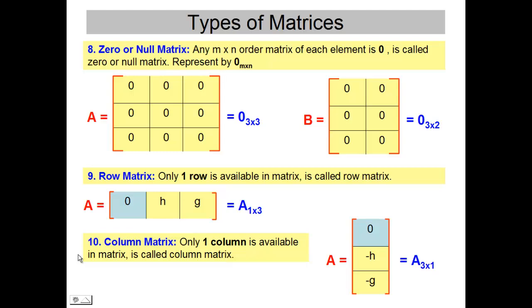Now the tenth type is the column matrix. If only one column is available in the matrix, it is called a column matrix. For example, the matrix A equals 0, h, minus g. This has only one column and the number of rows is 3, so A is 3 by 1.